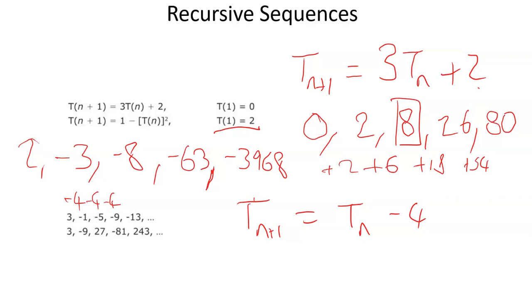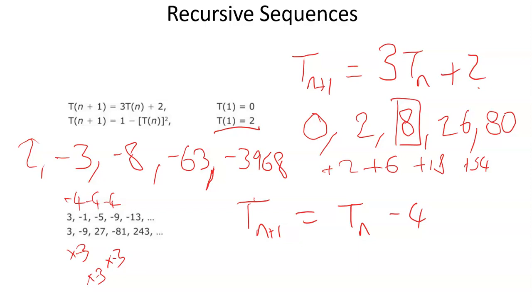So let's think. 3 to 9 would be times by 3, but it changes to minus. And then 9 to 27 is also times by 3. So I think it's timesing by 3 each time, but because it's going positive to negative, it's timesing by minus 3, by minus 3, by minus 3. And that will make it go bigger, but keep switching it from a positive to a negative number at the same time.